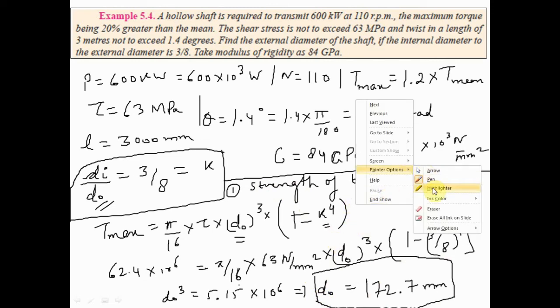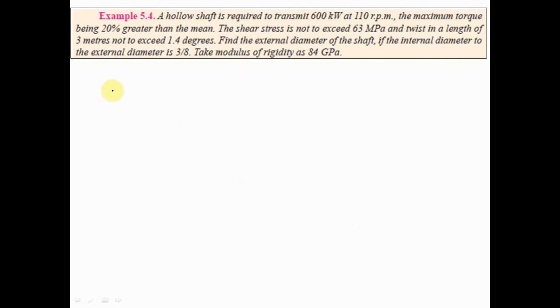So I'll be erasing. Okay, so let it be. Now we'll be evaluating based on stiffness of the shaft. So that criteria we have to evaluate.